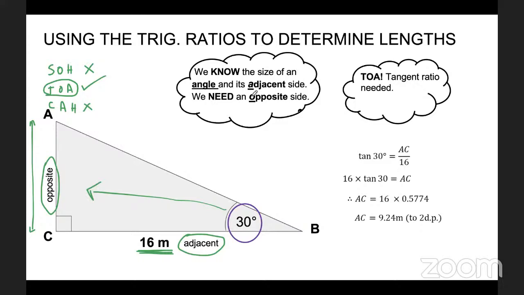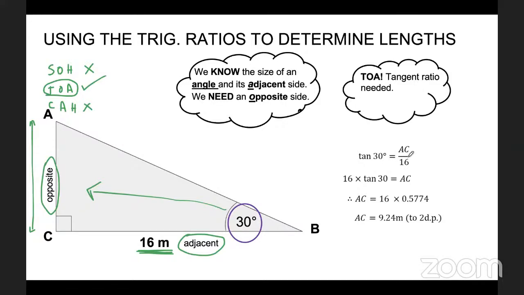Yes, miss. So we are going to transpose. We're going to make AC the subject of the formula. When you make something the subject of the formula, it doesn't have to be on the left side. It can be on the right side. So tan 30 equal AC over 16.